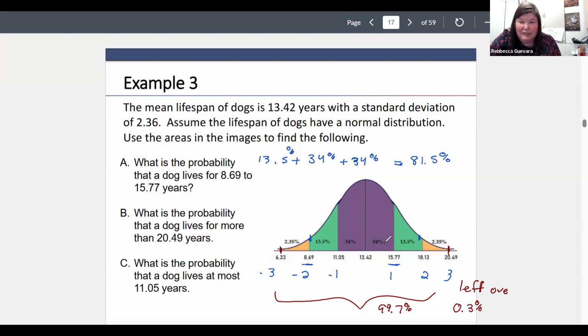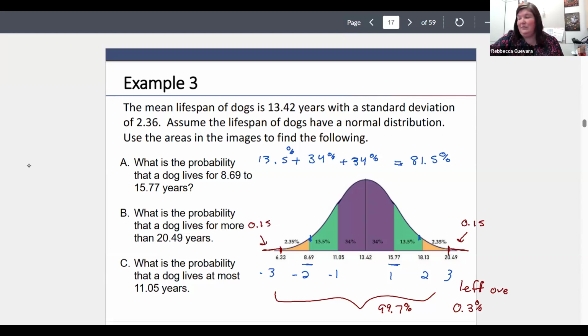And if you remember, these tails here keep on going indefinitely. So there is still a little bit that can be in there. Like I said, it's about 0.3% of whatever is left over from the distribution in those little tails. If I split them in half, that means right here, that's 0.15. And here is another 0.15.